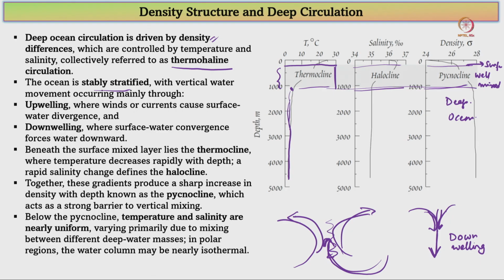Mixing happens in the upwelling and downwelling regions, or in the polar region, where the water column may be nearly isothermal. So, the thermocline, the halocline, the pycnocline, they can be a little different there.